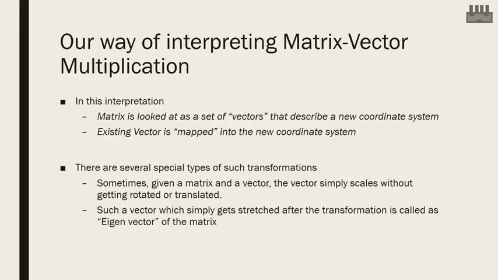It's not a simple rotation, it's rotation as well as scaling. So there are some cases where nothing happens except the scaling. The vector just expands like an elastic, right? Such a vector is special for that particular coordinate system, and such a vector is called an eigenvector, right? There are several applications for this. Maybe I'll cover them in a subsequent video. For now, I think we are okay to just know that such a thing exists.